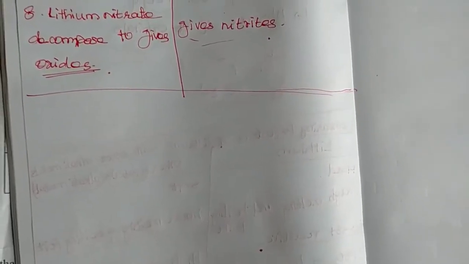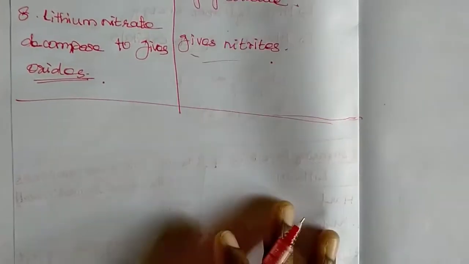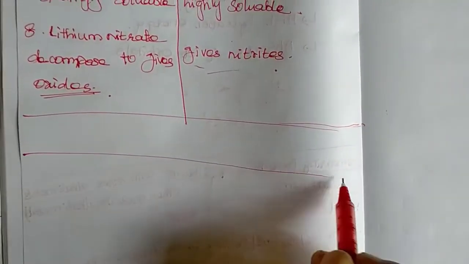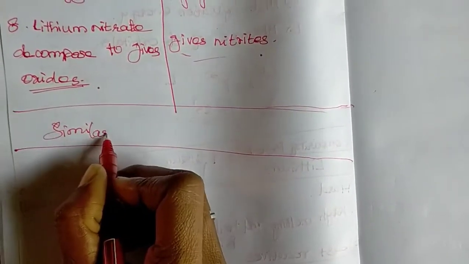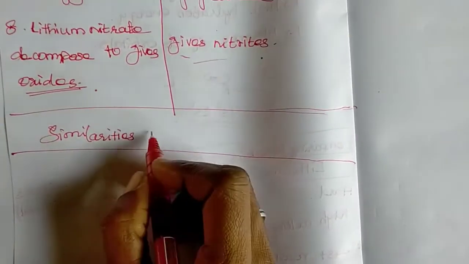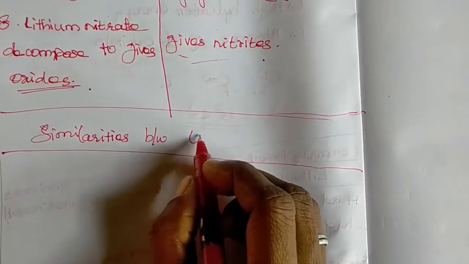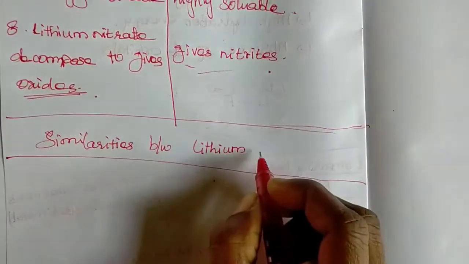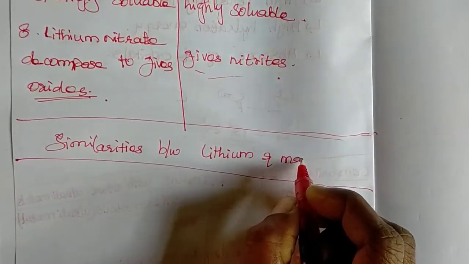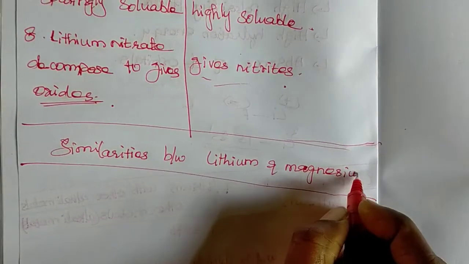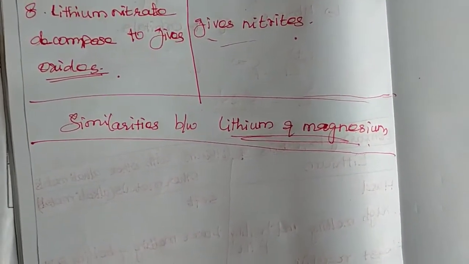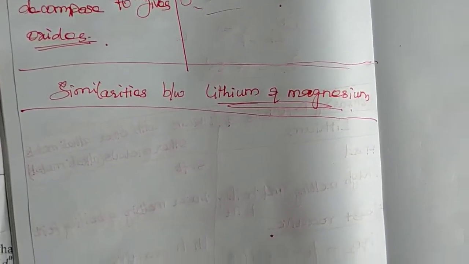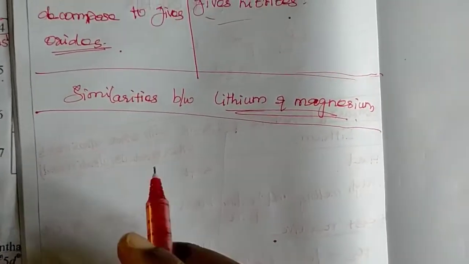We can explain this in one table: similarities between lithium and magnesium. You know that they are in the diagonal relationship, so they have similar properties. We are going to see this in this table.